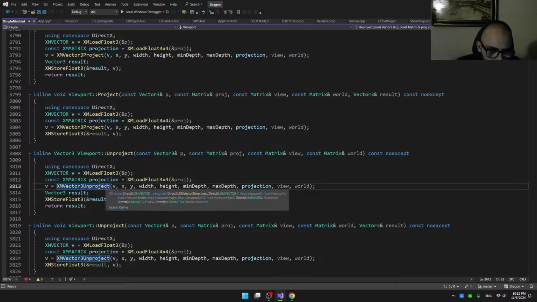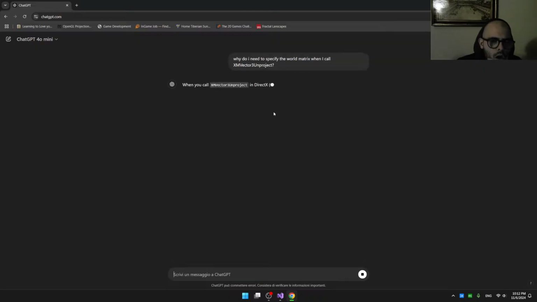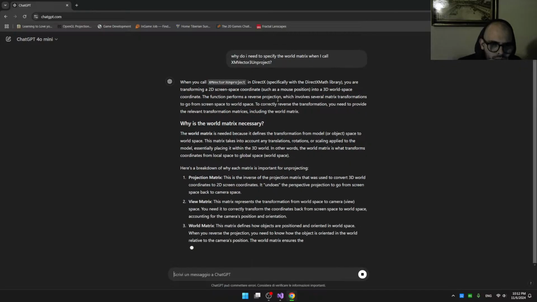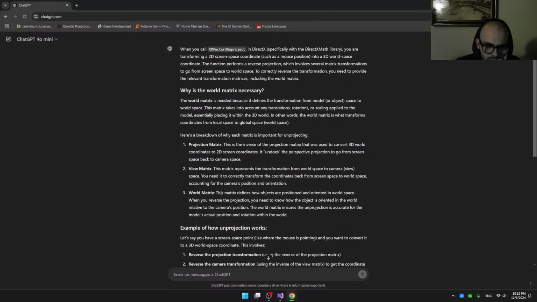It performs a reverse projection which involves several matrices to go from screen to world space. This means how objects are positioned in world space, when you need to know how the object is oriented in the world relative to the camera's position. The world matrix accounts for the model's actual position and rotation within the world.